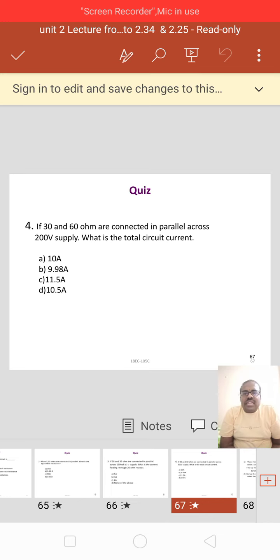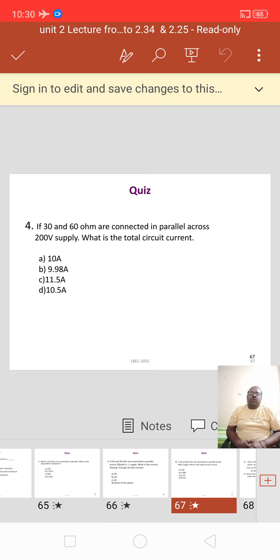30 into 60 is 1800, by 30 plus 60, 90. So 1800 by 90, the zeros cancel, 9 twos are 18, so R equal to 20 ohms.